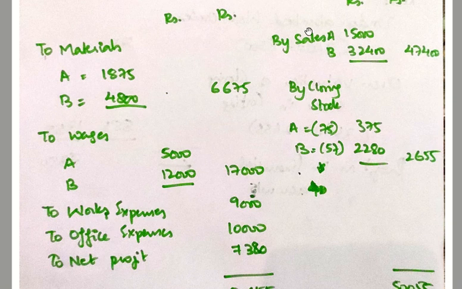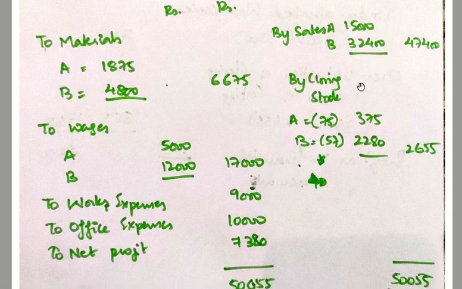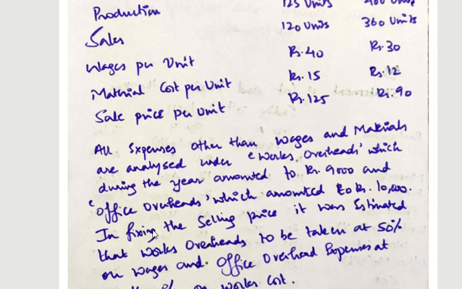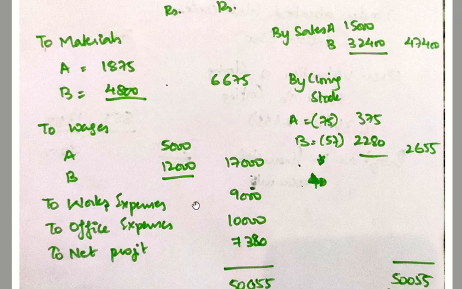And sales, we can take it from your cost account itself, 15,000 and 32,400, 47,400. Now if you see, your works expenses differ, because in the question they have told works expenses is 9,000 and office expenses is 10,000 respectively, which will be shown in your financial accounts. So to works expenses 9,000, to office expenses 10,000.